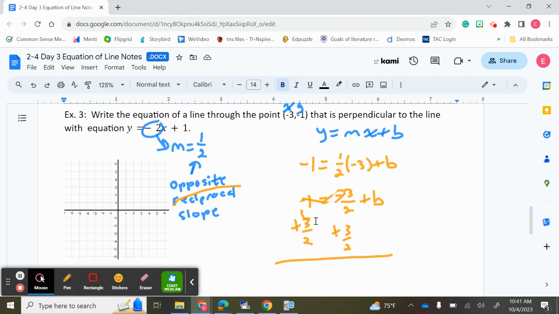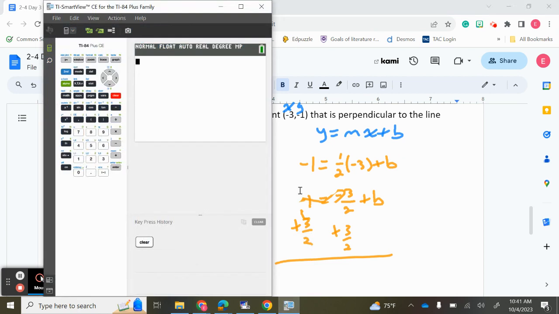So I'm going to put negative 1 plus parentheses. Make sure your fractions are always in parentheses. 3 over 2. This tells the calculator that, hey, this is a fraction. Don't do anything weird with it, okay? And then you hit enter.